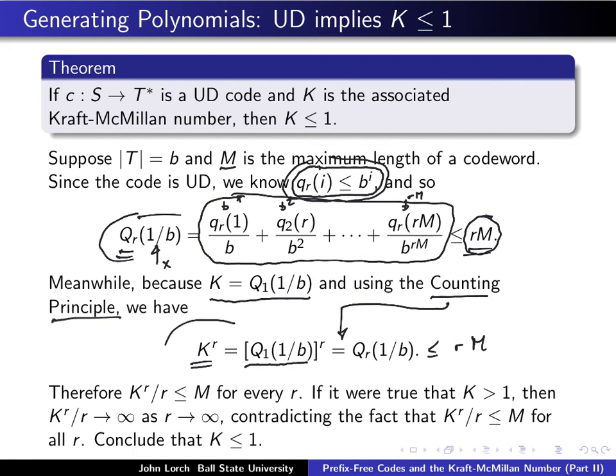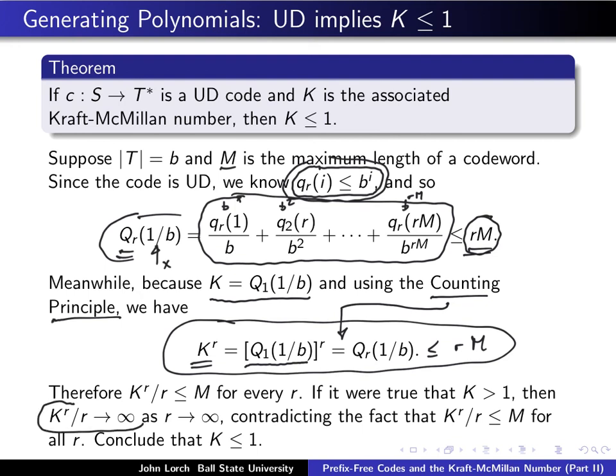So if we take this inequality and divide all sides of it by r, we obtain k to the r over r is less than or equal to m for every possible value of r. Now, if it were true that k was bigger than 1, then this quotient actually tends to infinity as r goes to infinity.